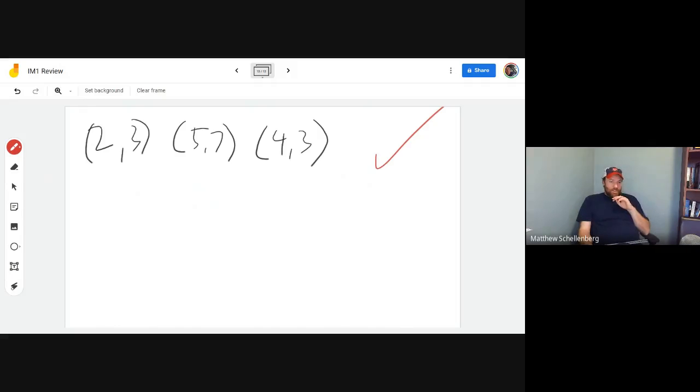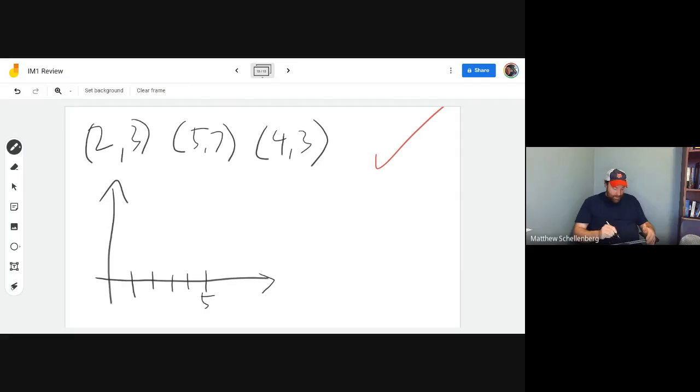Because are there any dots on top of each other? No. But what about the 2 3s? I have different 3s, but with 1 2. Well, let's graph that. You don't believe me? Let's graph that. So we have 1 2 3 4 5. And we're gonna go up to 1 2 3 4 5 6 7.